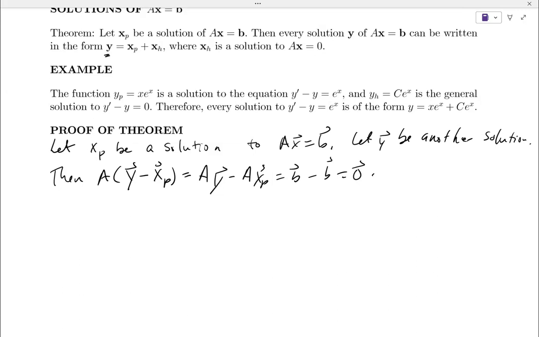So what can I say that this particular vector is a solution of? A homogeneous system, right? This is a solution to the homogeneous system, isn't it? So now let x sub h just be the difference between these two things.